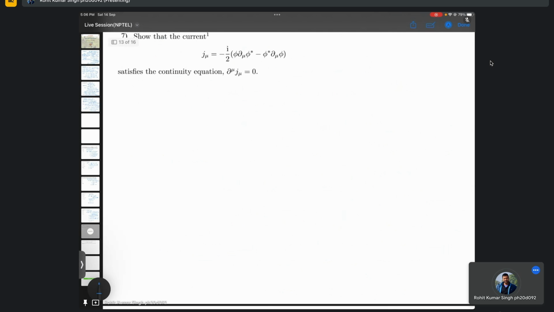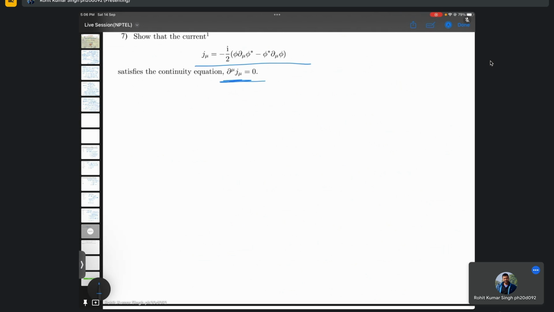Okay, now here we are given the probability current, and we have to see if this continuity equation is satisfied or not.